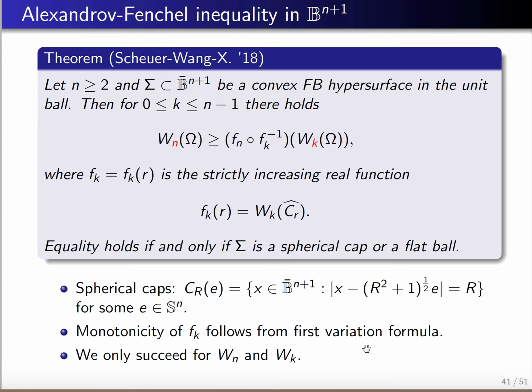Yeah. Then we show the following Alexandrov-Fenchel inequalities. So we still consider sigma as a convex free boundary hypersurface in a ball, and then Wn is larger than or equal to some function acting on its Wk.